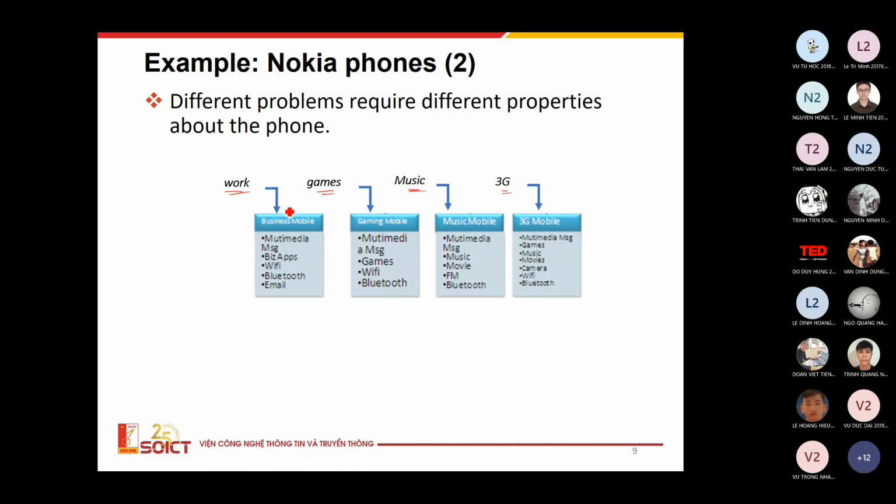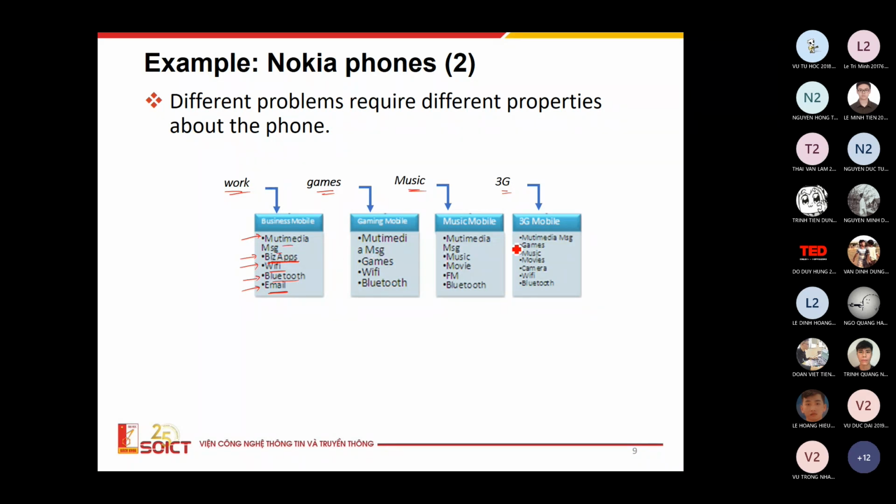So you can describe the Nokia mobile phone in different ways. For example, if in your problem, we just use the mobile for business, so you can describe it with this information. You see here the most important for business is how you can email, and then you can use business applications, for example. And Wi-Fi and Bluetooth, for example, are also important.